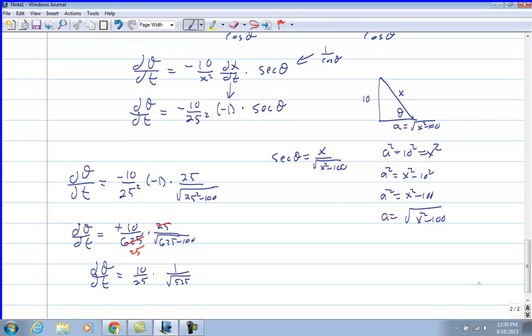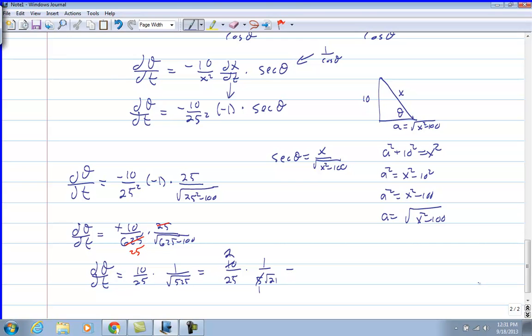Let's see what the square root of 525 comes out to be on my calculator. I think I might need this in exact mode. Nope, it's already in exact mode, okay. So this becomes 10 over 25 times 1 over 5 times the square root of 21. The 5 and the 10 can reduce to make that a 2, and this is a 1.